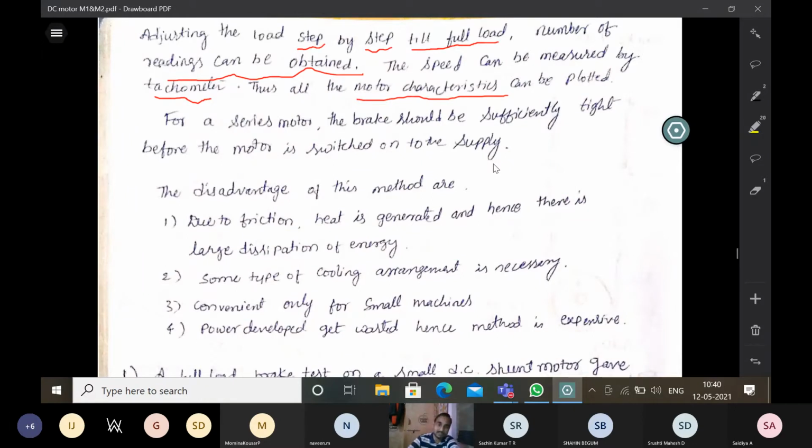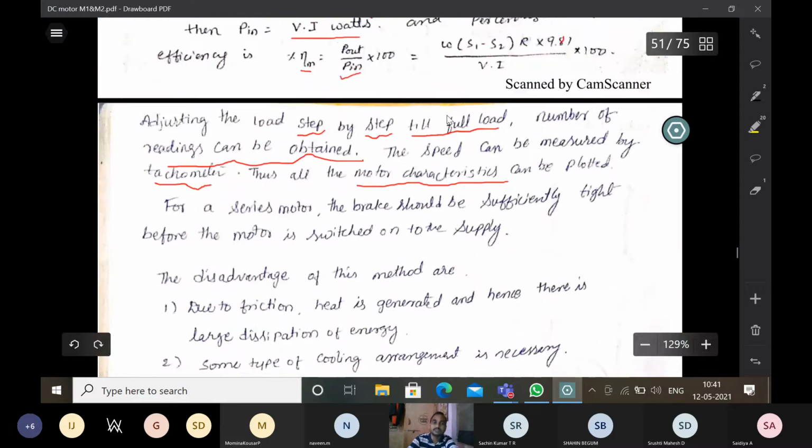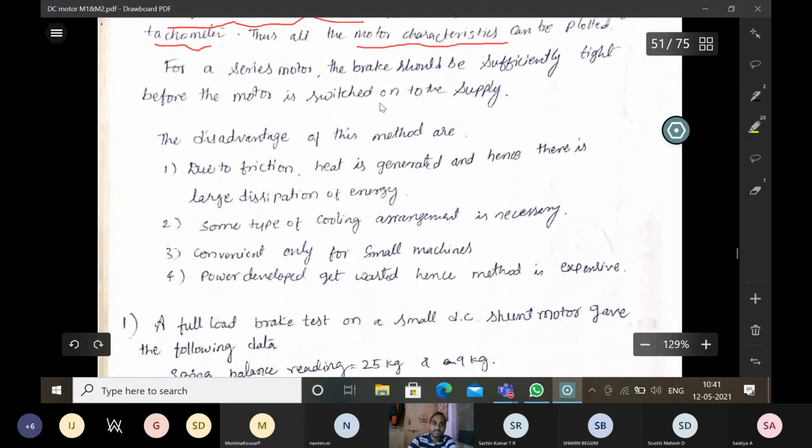These are the three different characteristics of the DC shunt motor that have to be plotted on the graph. This is about the experiment. For a series motor, the brake should be sufficiently tight before the motor is switched on to supply. So this is for the shunt motor.